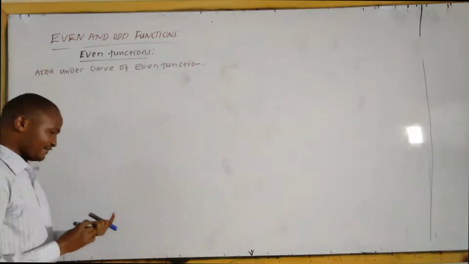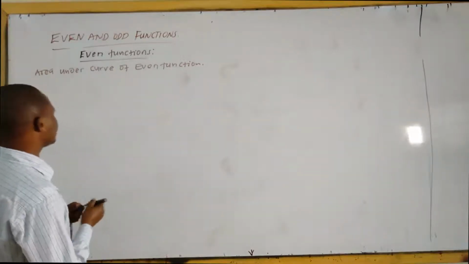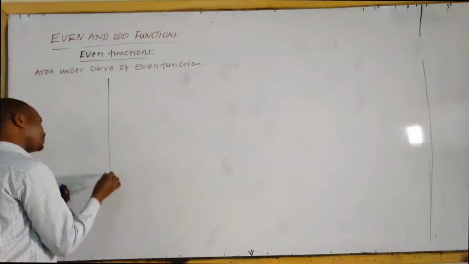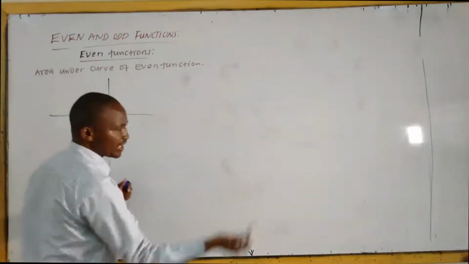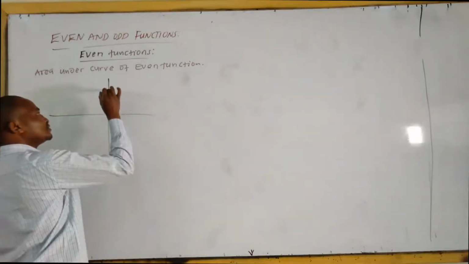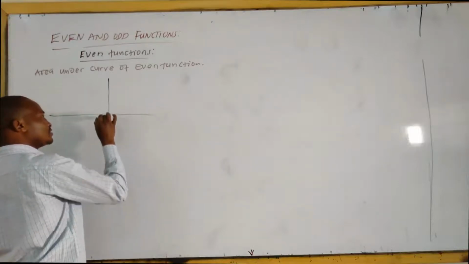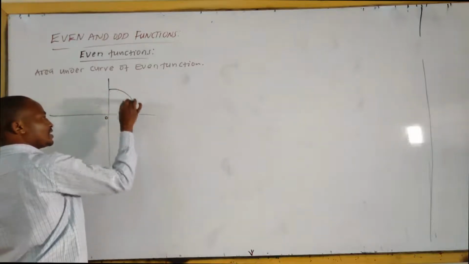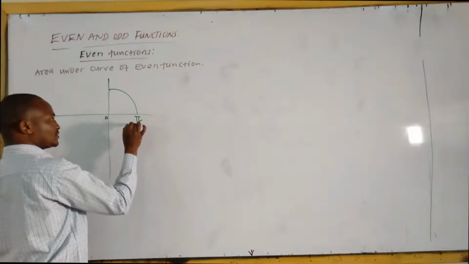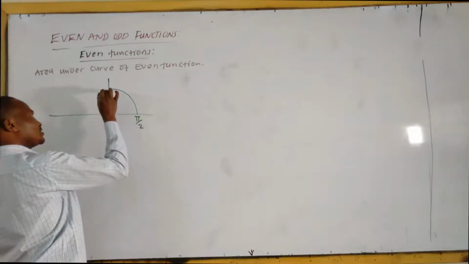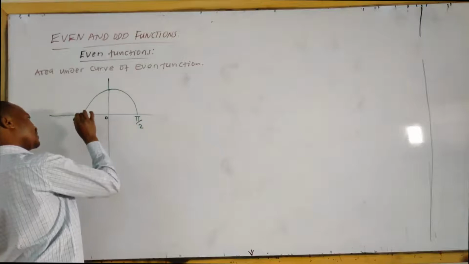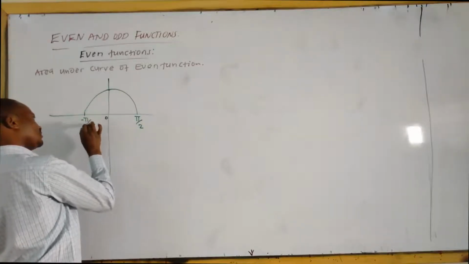So let us draw an even function like y is equal to cosine of x. This is 0, that is pi over 2. This is 0, that is negative pi over 2.